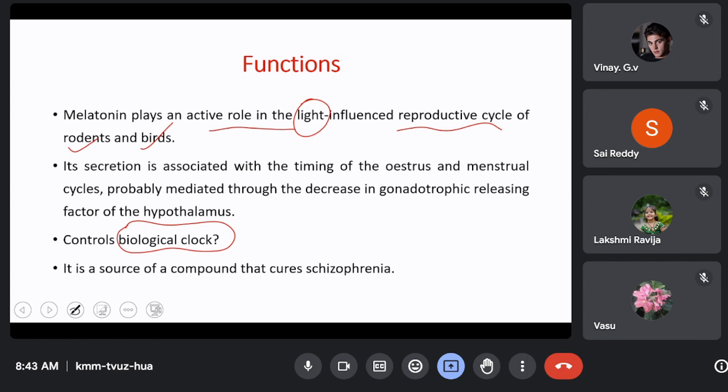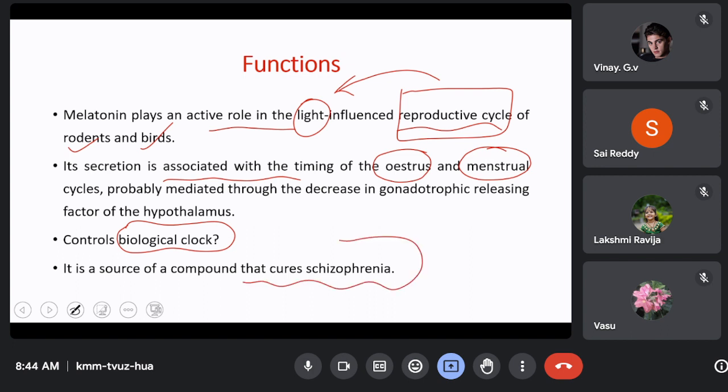Another one is that melatonin secretion is associated with the timing of the estrous cycle and menstrual cycle in mammals. So these things related to reproduction are influenced by light or under the control of melatonin. And recently, it is found to be a source of a compound that cures schizophrenia, but evidence is not yet produced.